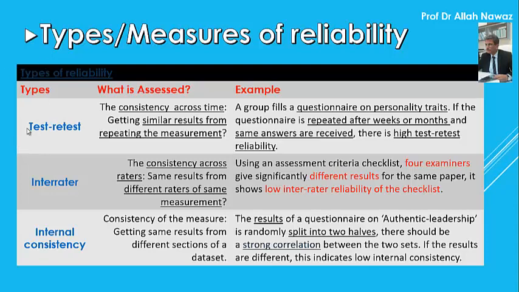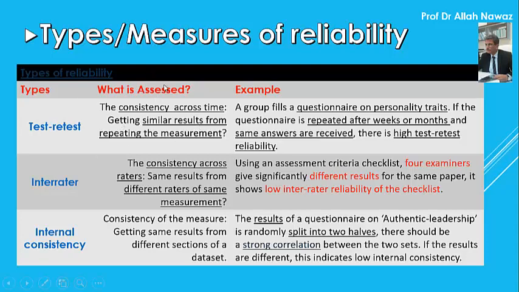First is test-retest reliability. Now in this type, the consistency across time means that the same questionnaire is used to collect data with gaps of time, after a week or after 15 days, and if the results are similar, then the questionnaire or the instrument will be called reliable.